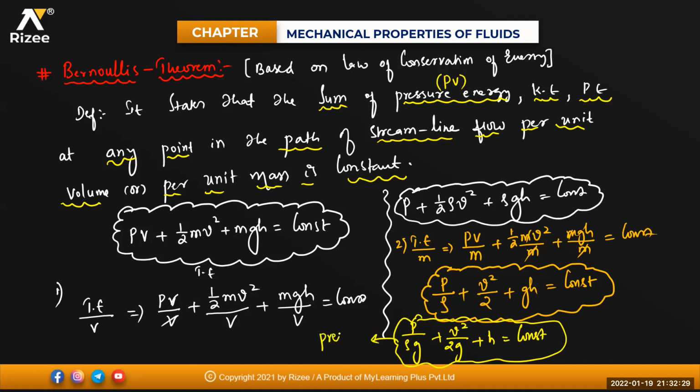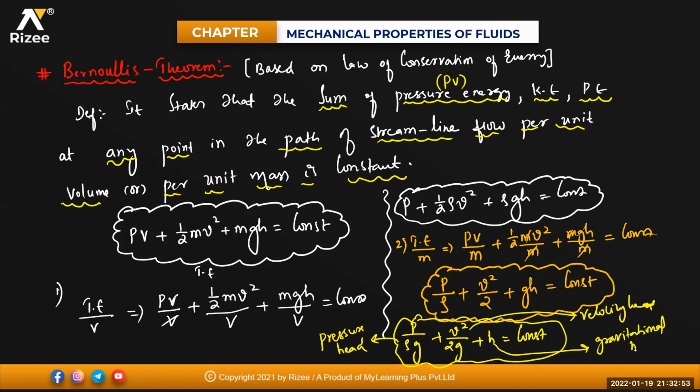Pressure head is nothing but P by rho g, and its dimensions are equal to height. V square by 2g is known as velocity head.